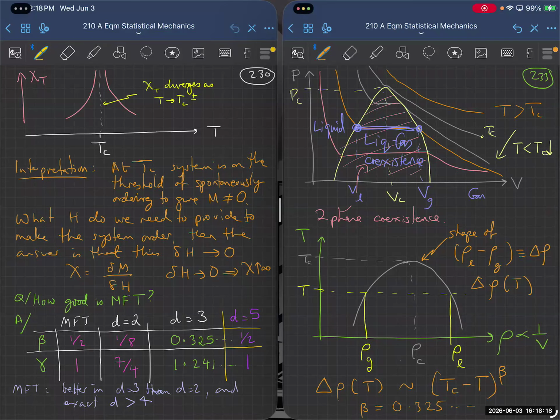So in fact, the critical behavior of the liquid gas transition is identical to the Ising ferromagnet. It's not just like, oh, it's approximately the same. It actually is exactly the same thing. And so this is another form of universality.